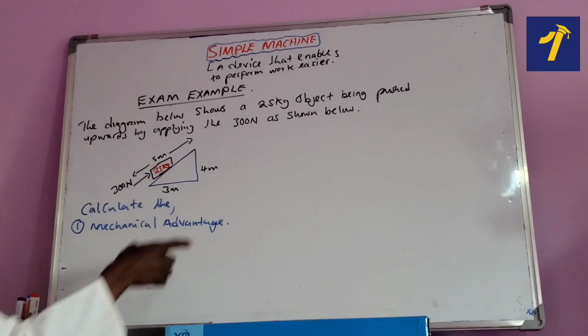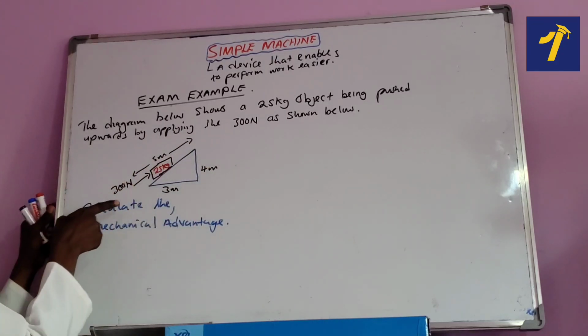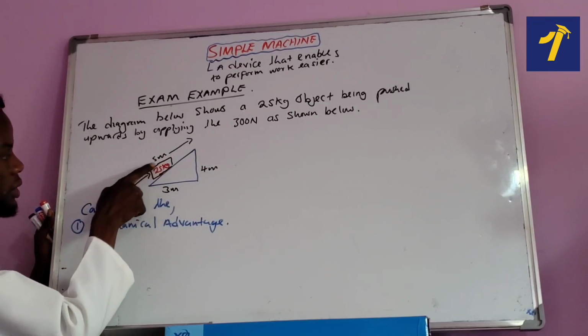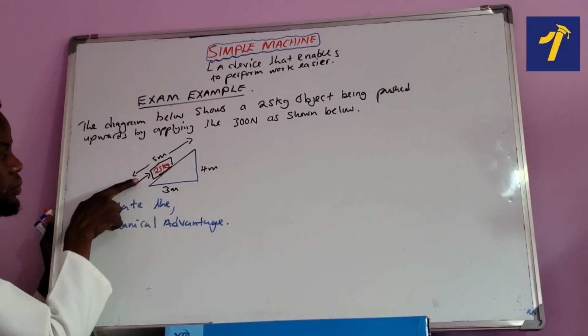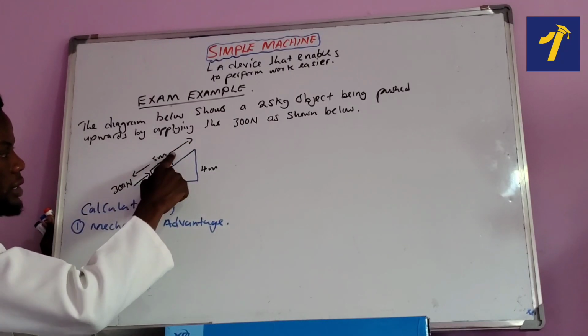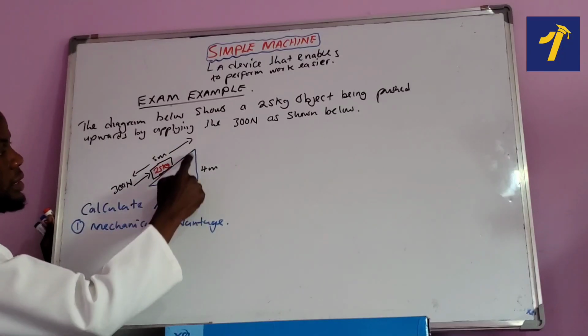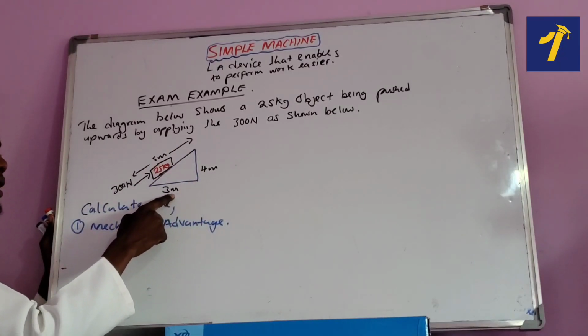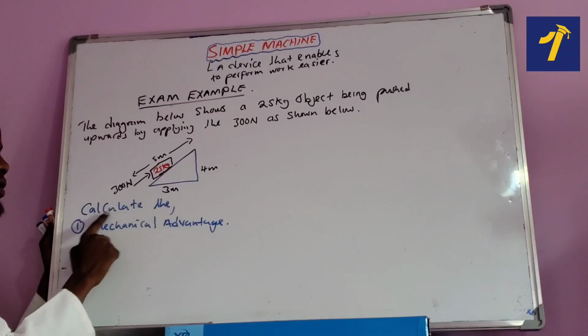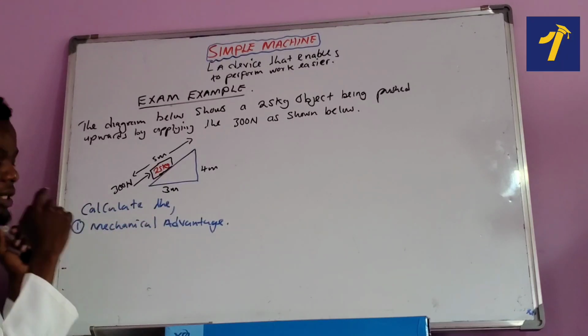Okay, this is the diagram that they are talking about. So they are saying this 25 kg object, as you can see, it is being pushed up by applying this force, which is 300 newtons, along this distance, which is 5 meters, and this distance 4 meters, and this distance is 3 meters. Okay, now the first question is saying calculate the mechanical advantage.